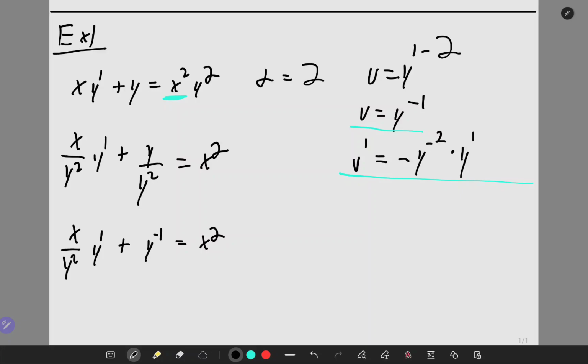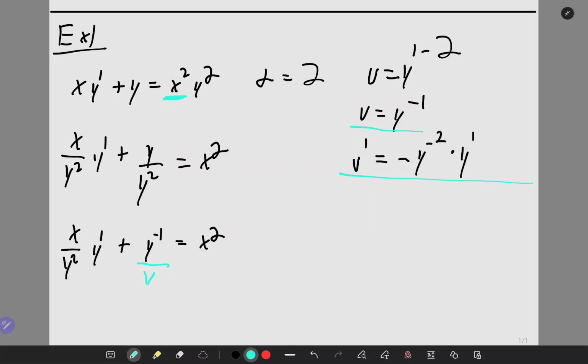Now, the reason why we divided everything by y squared is because we want to rewrite everything in terms of v. If you look at this equation right here, this is v, because v is equal to y to the negative 1. And you can also see here that we have negative y to the negative 2 times y prime, which is v prime.